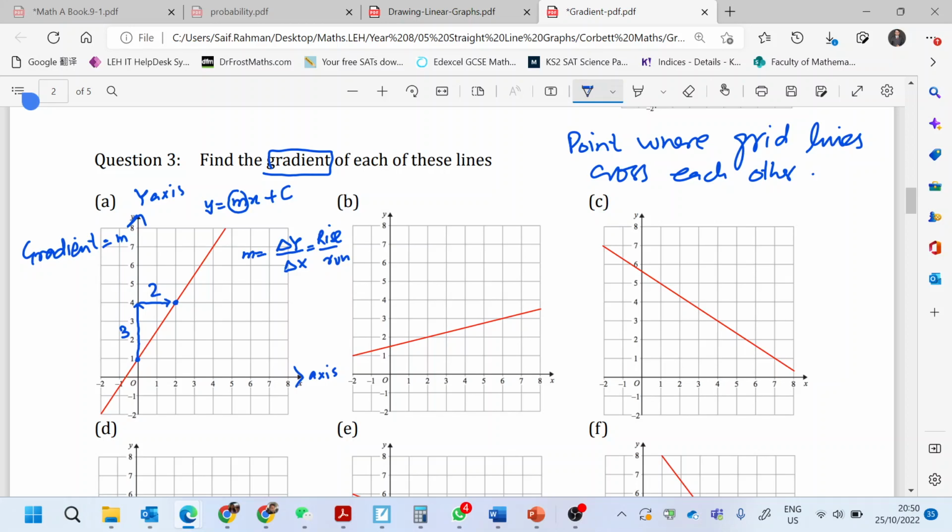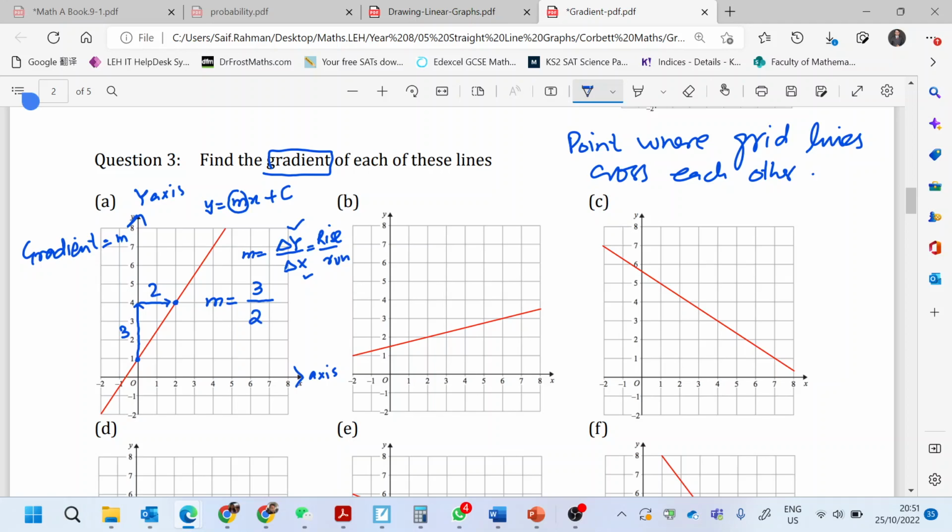So the m, the gradient, the slope of the line, is change in y over change in x. The change in y is 3, so m is equal to 3 over 2.